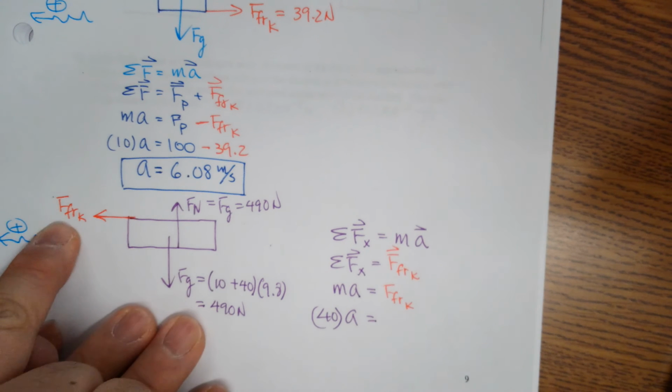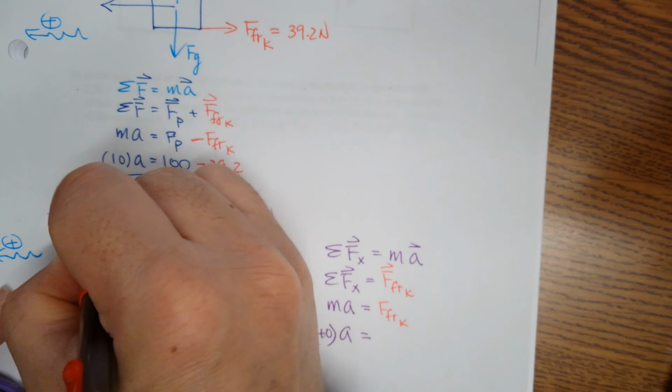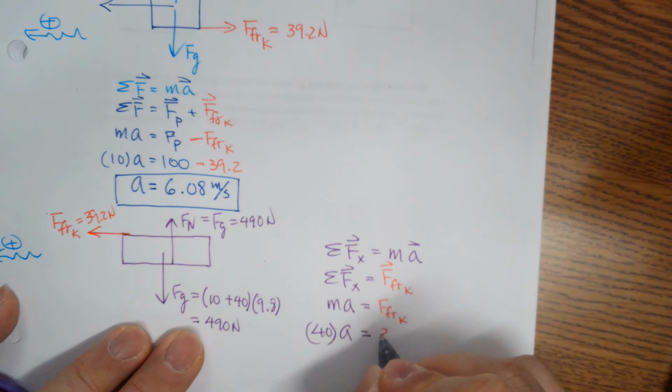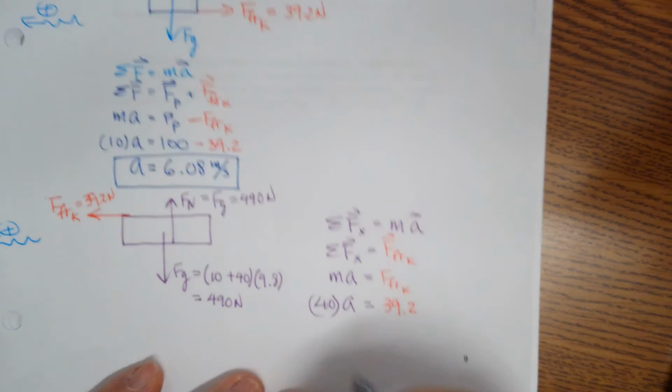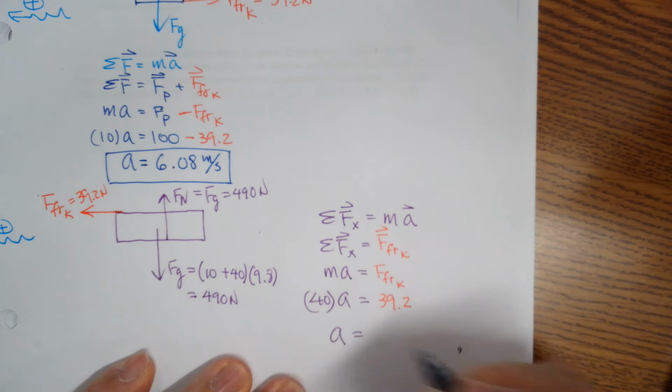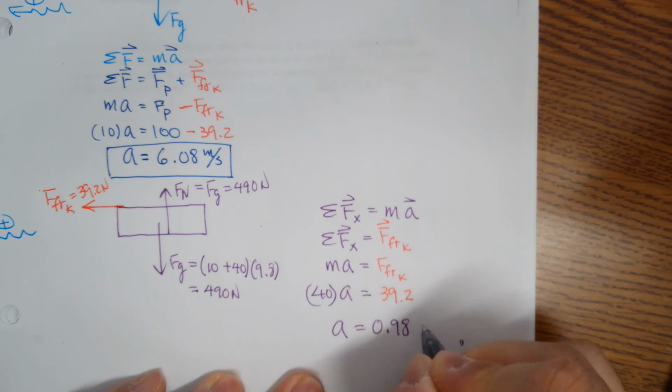And this is the 39.2 newtons. So my acceleration for the bottom slab is 0.98 meters per second squared.